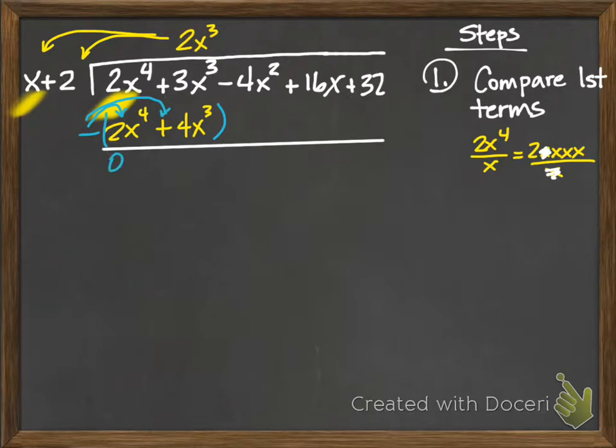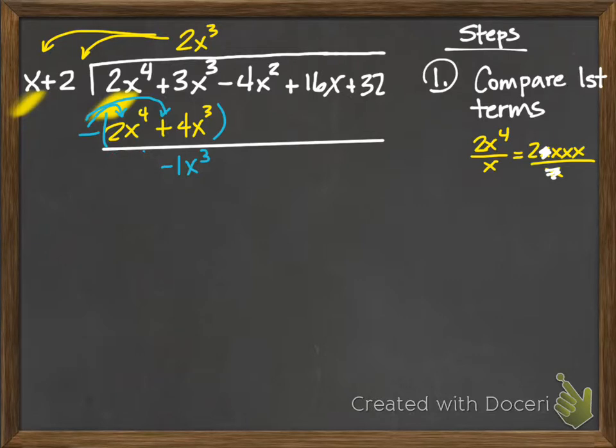You have 0x to the fourth. Then you have 3x to the third minus 4x to the third. That gives us negative 1x to the third. You don't need that one, but I'm going to put it there just to remind us that that's what we have. Okay, so now I'm going to erase this 0x to the fourth because we don't need that anymore.